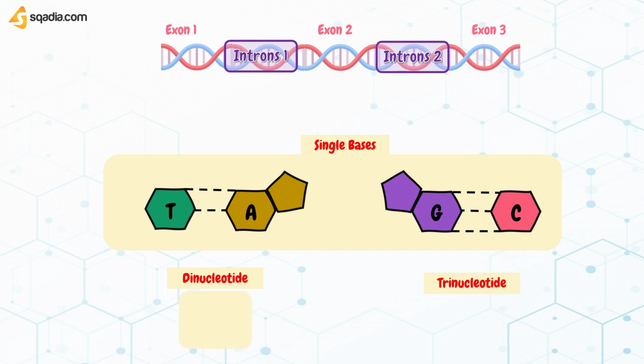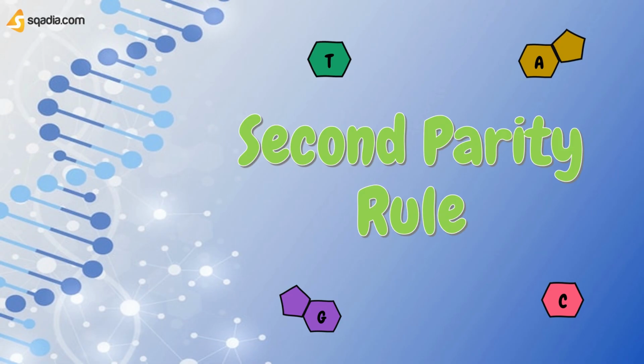Thus, guanine-thymine pairs with its reverse complement, adenine-cytosine, and adenine-thymine-guanine pairs with its reverse complement, cytosine-adenine-thymine.